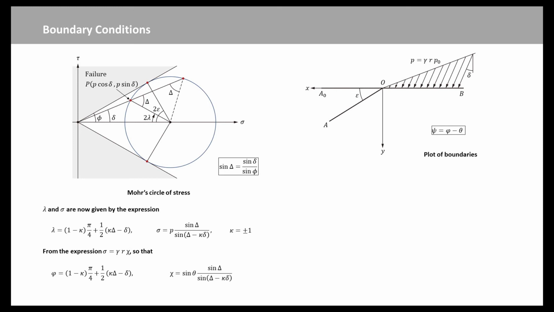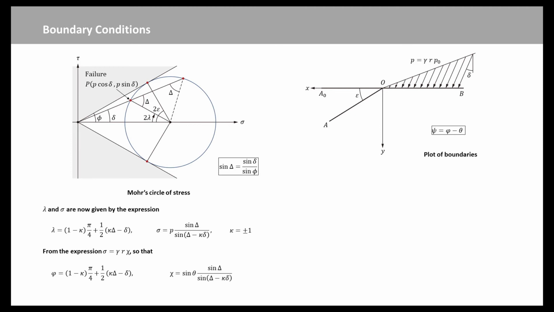We shall study the limiting equilibrium of a wedge when one side is free from pressure and the other, which is horizontal, is subject to a pressure P acting at a constant angle delta to the normal. It is convenient to try to find this pressure in the usual form P equal to gamma times R times PO.